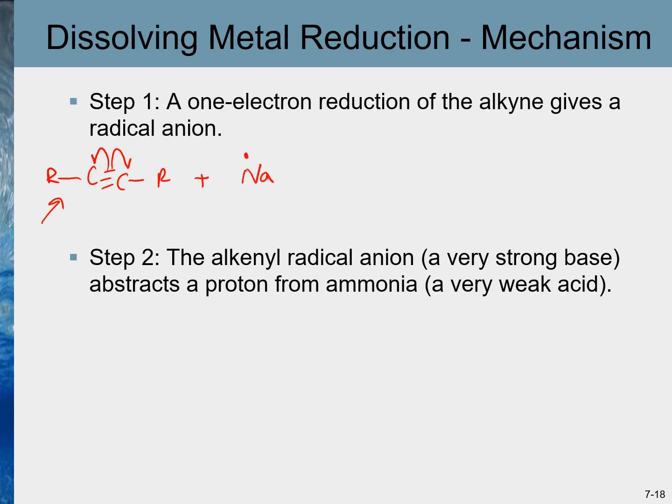Sodium metal provides another electron, which results in formation of a pair of electrons on carbon number, let's call this a star carbon number. This reduction by sodium will result in formation of an alkynyl radical anion.